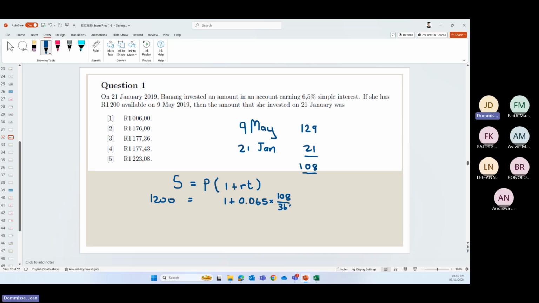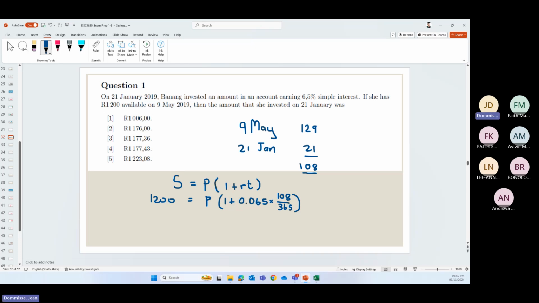Okay, so this one, simple interest, we can't use calculators. So we will need to first work out that component, and then we will need to see what the value of P is. Already, if I'm looking at my answers, present value is always less than the future value.